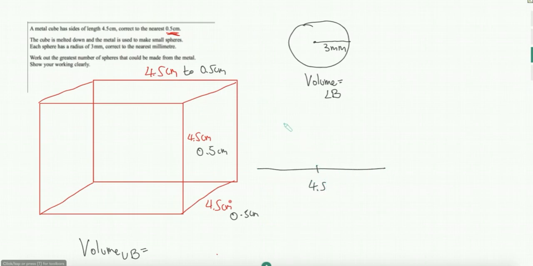So 4.5 to the nearest 0.5 centimeters. So I'm going to add 0.5 to both sides, and I'm going to find the upper bound. So I want the longest sides possible, which will be 4.75. So we're going to say all the sides of this cube have lengths of 4.75 centimeters.